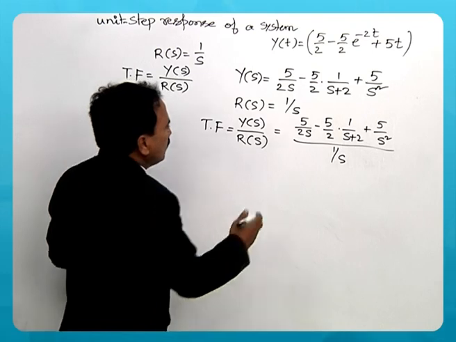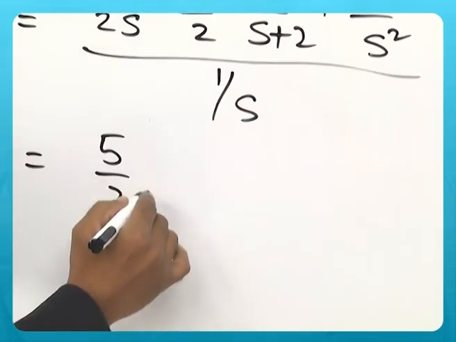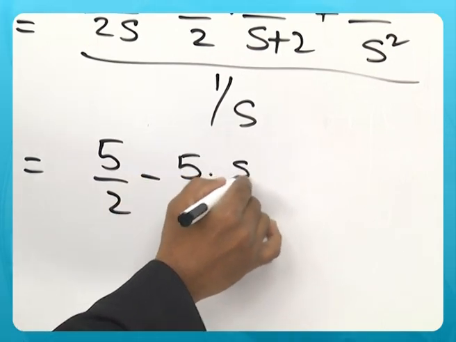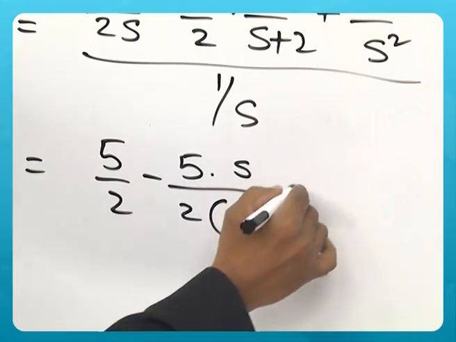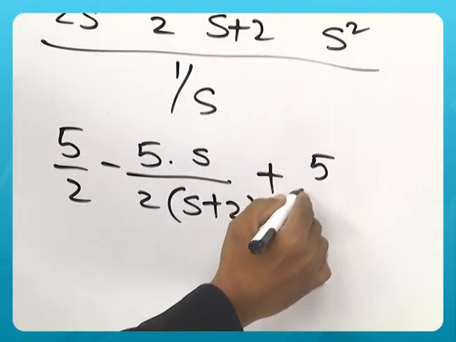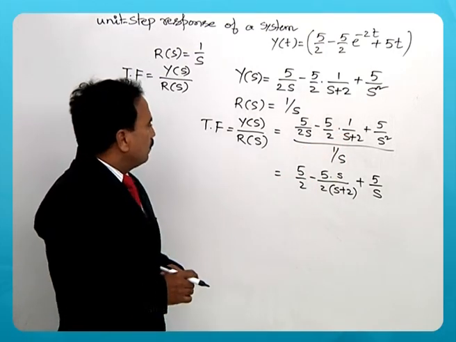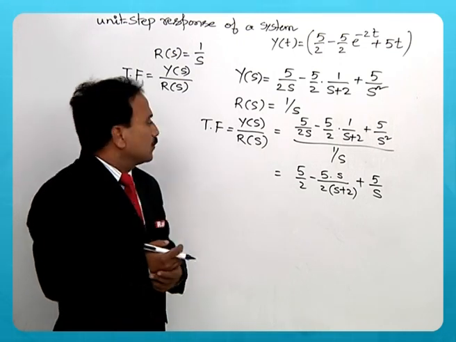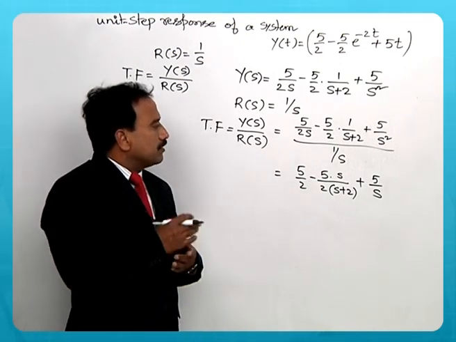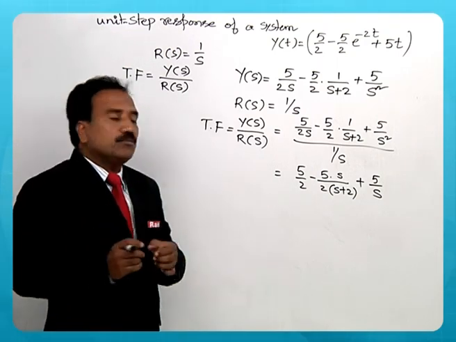So you can simplify this as 5 by 2, s will go here, minus 5 into s by 2 into s plus 2 plus 5 by s here, because of s and s square, one s will go. Now this is the transfer function you should get. Further simplification is actually required, because ultimately you are to write it in numerator and denominator form.